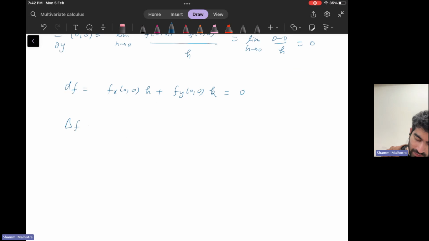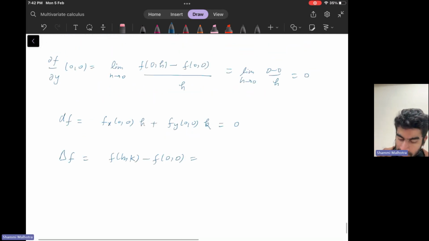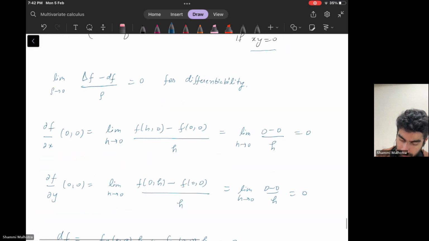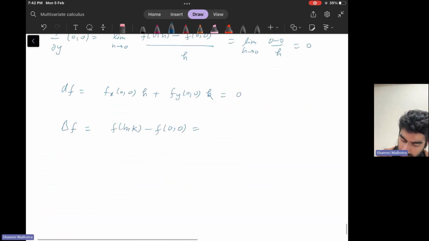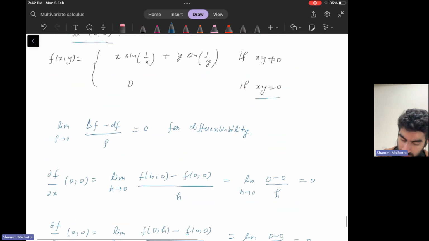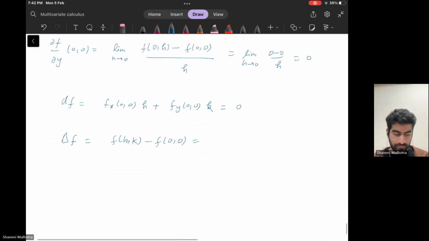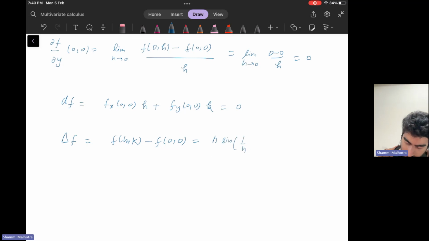And what is my change in f? Change in f is given as f(h, k) minus f(0, 0). Again f(0, 0) would be 0, but f(h, k) would be h sine 1 by h plus k sine 1 by k.